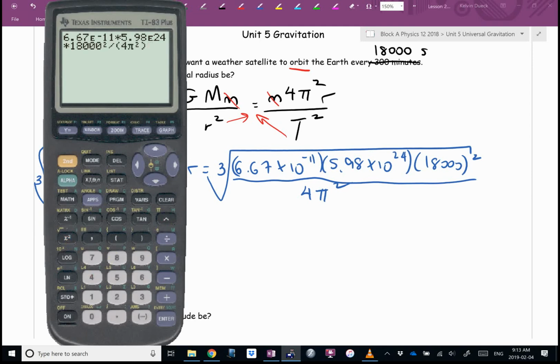Do a quick typo check. That looks good to me. For me, cube root is math, option number 4, cube root answer button. You get 1484809.9. I'm going to write this in scientific notation. How about 1.48 times 10 to the 1, 2, 3, 4, 5, 6, 7? Yes?